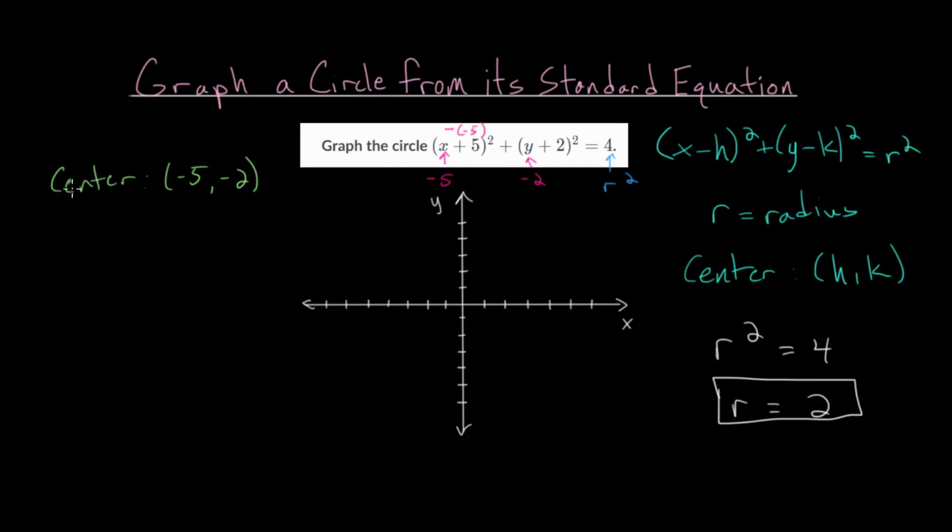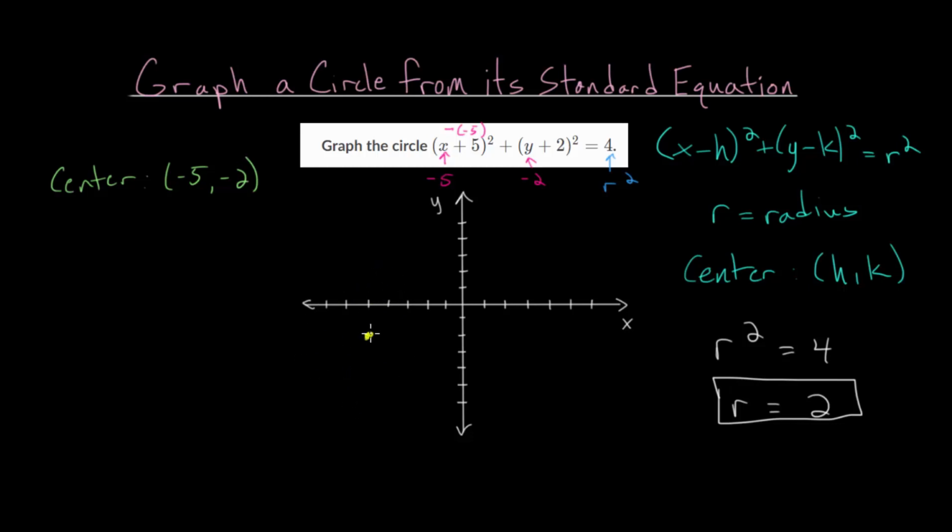So let's start by plotting the center point here. And that's at an x value of -5, so that would be here, and a y value of -2. And the radius is 2, so we can plot a few points and then sketch our circle.